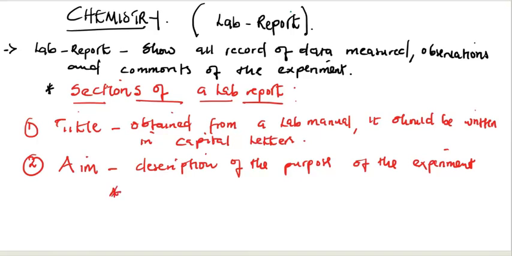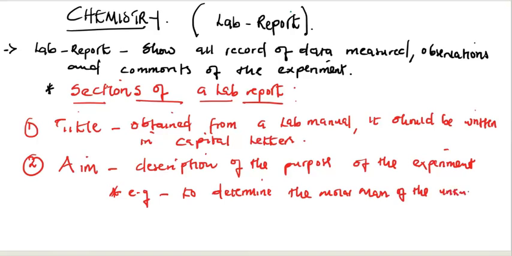Usually you can give an example. If you are trying to find the molar mass of an unknown substance, you can say: to determine the molar mass of the unknown. This automatically becomes the aim of this experiment. So the aim of this experiment is to determine the molar mass of the unknown substance.